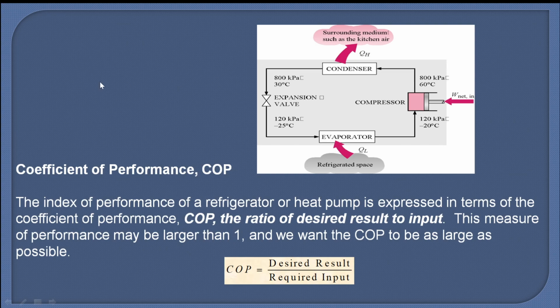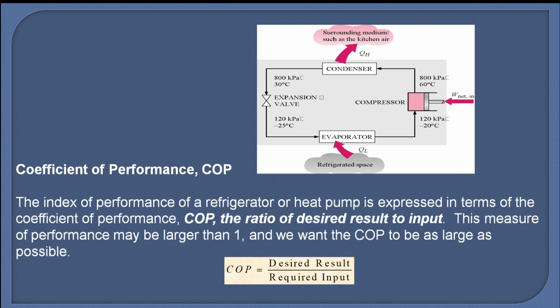Now coming to the terminologies associated with this refrigerator and heat pump, instead of thermal efficiency, here the term used is coefficient of performance. Why? You know that the performance index of a work producing device such as heat engine could be well understood or analyzed using thermal efficiency.